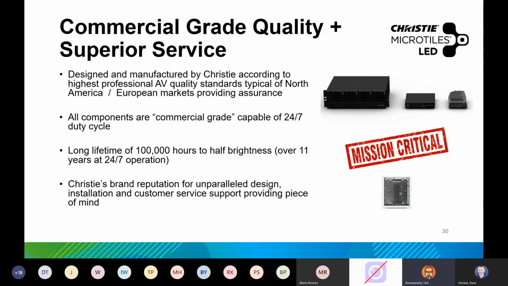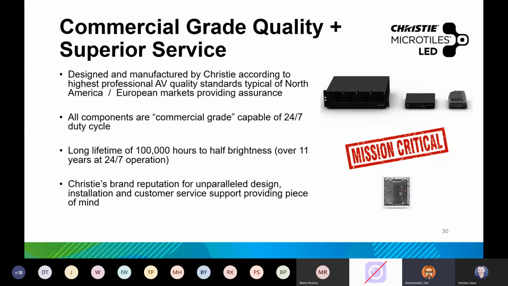That's at full brightness, full white. That's not typical of an end user's content. So what we're seeing is it's quite easy to get 2 or 3 times that, especially in a control room, which is typically only 30% brightness.